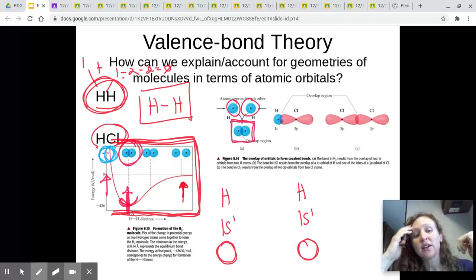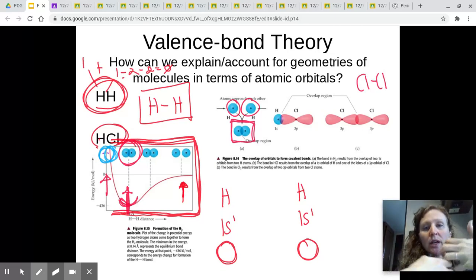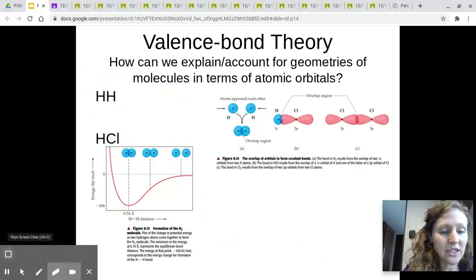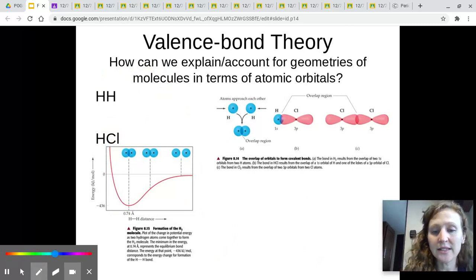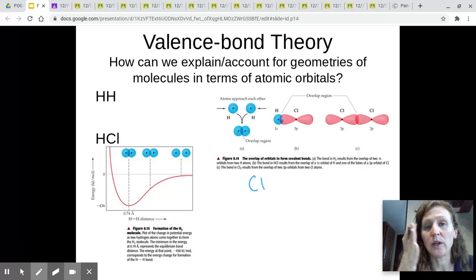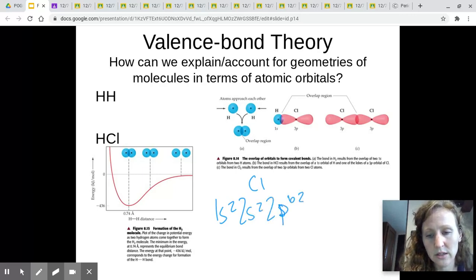We can look at this in a chlorine bond as well. It looks slightly different in a chlorine bond, but it still works. So if we look at this case in terms of chlorine, the atom of chlorine is a little bit more complicated than the atom of hydrogen, right? If we write out the electron configuration for chlorine, we can see why. 1s2, 2s2, 2p6, 3s2, 3p5, right?